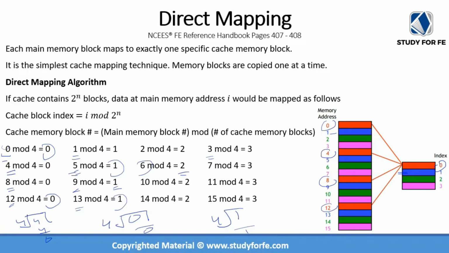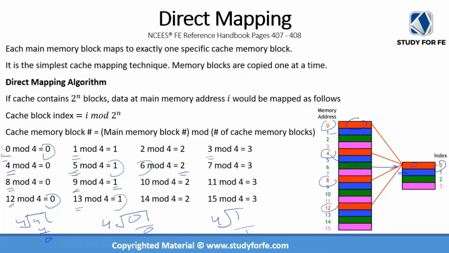Now we will look into what happens when, obviously one at a time, right? If you've already copied 0 into cache memory, whatever was in the 0 block was sitting over here. Now you want to copy 4 from the main memory. In the case of direct mapping, we really don't have a replacement policy, or in other words, we have a replacement policy which is very simple, which basically says overwrite.